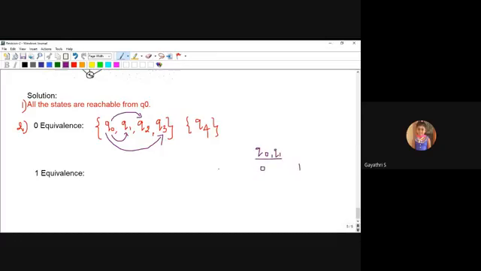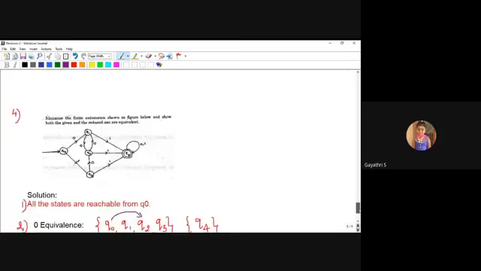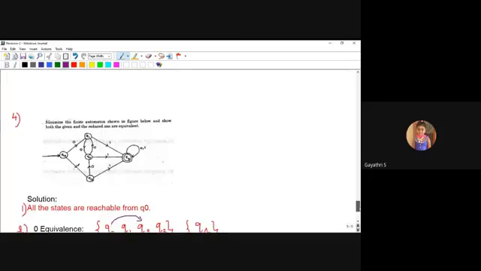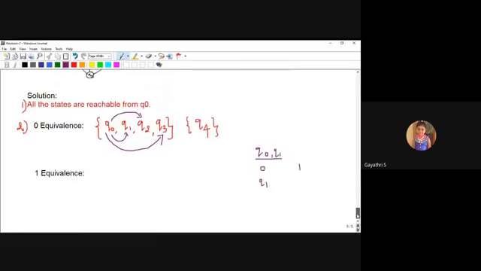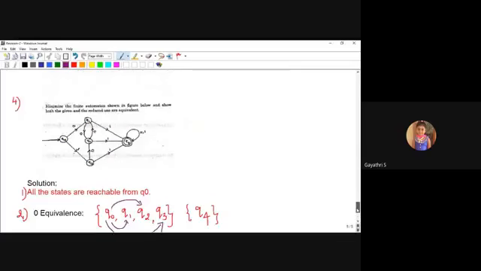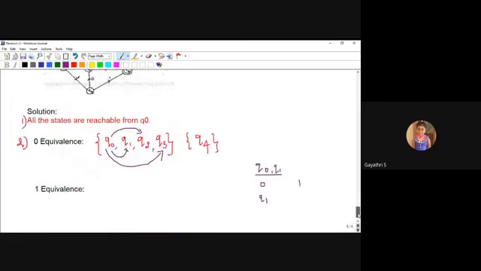See, Q0 on 0 goes to Q1, right? Q1 on 0 goes to Q2. So this is one pair.